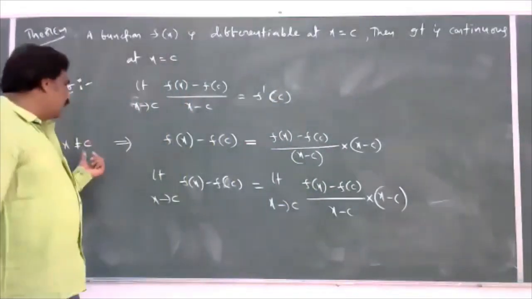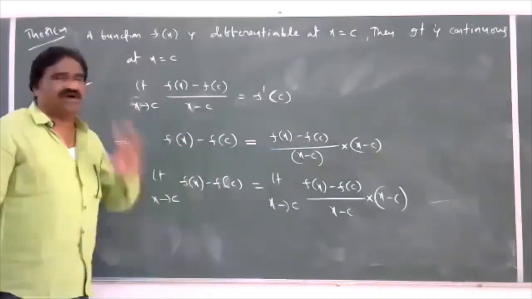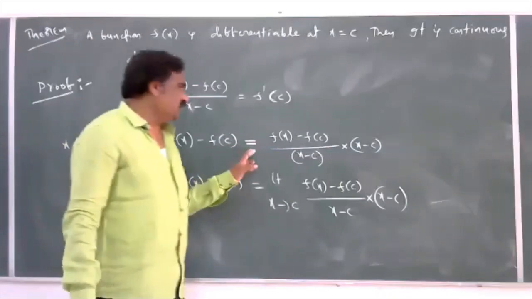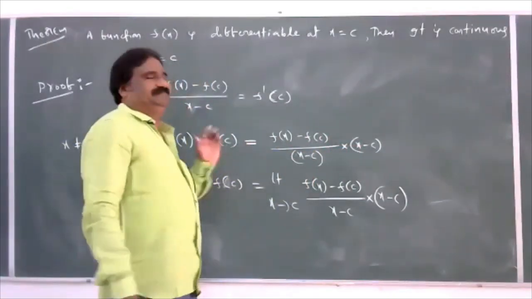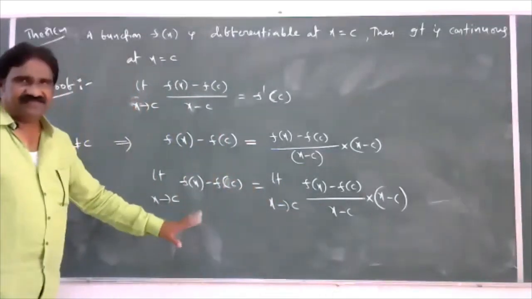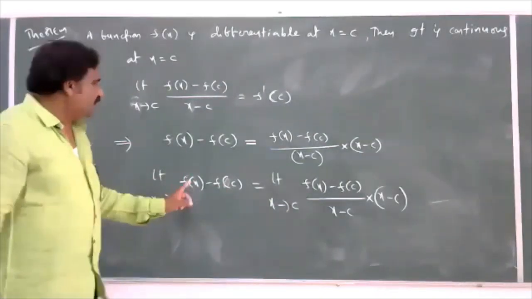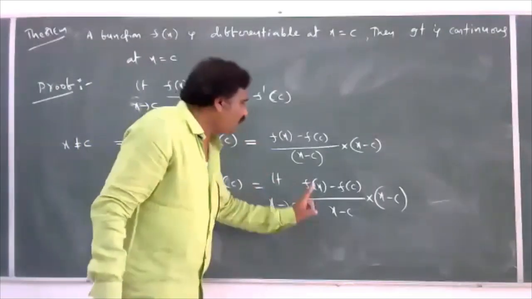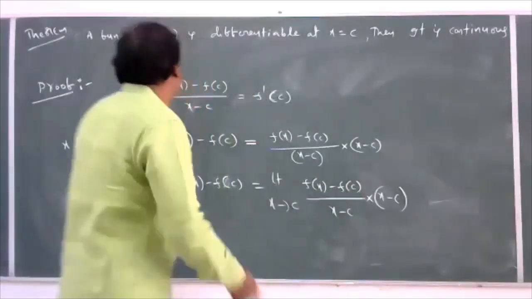If x not equal to c, we consider f of x minus f of c, equal to multiplying with x minus c and dividing with x minus c. Then taking both sides, apply the limit x tends to c. Limit x tends to c, f of x minus f of c is equal to limit x tends to c, f of x minus f of c by x minus c into x minus c.